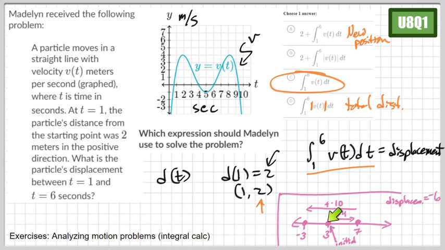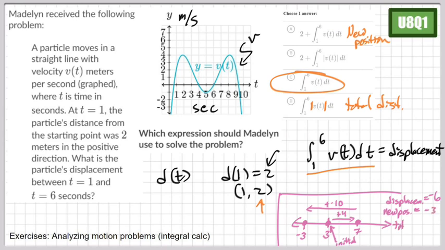Because from 3, we ended up at negative 3. Did it take into account the positive 4 and the negative 10? Well, when you do displacement, which is just the integral, it just adds the negative 10 and the 4 together to give you negative 6. That's your displacement. What's the new position? New position is negative 3.